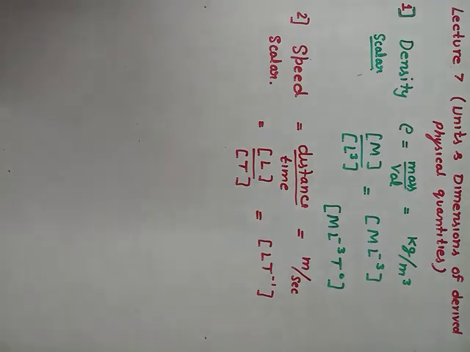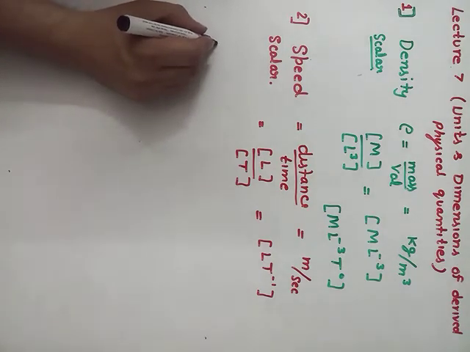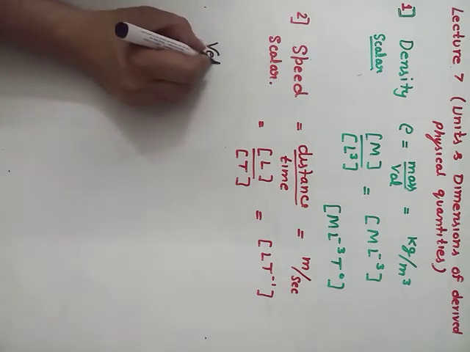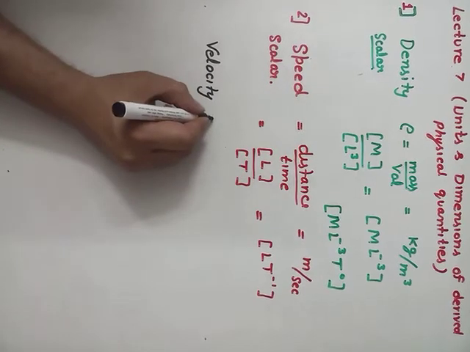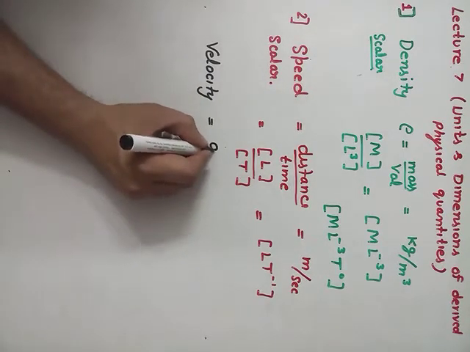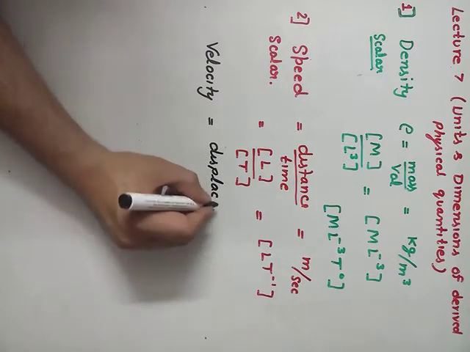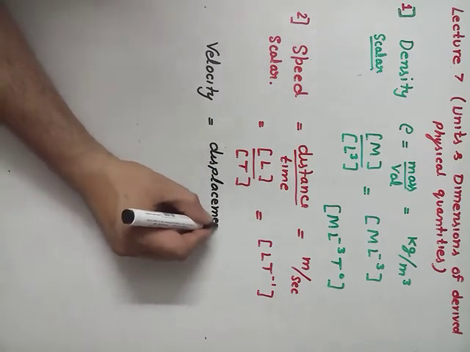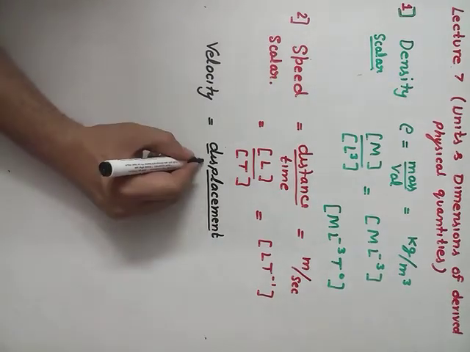Now, if we measure the dimension of velocity, we use the formula displacement upon time.